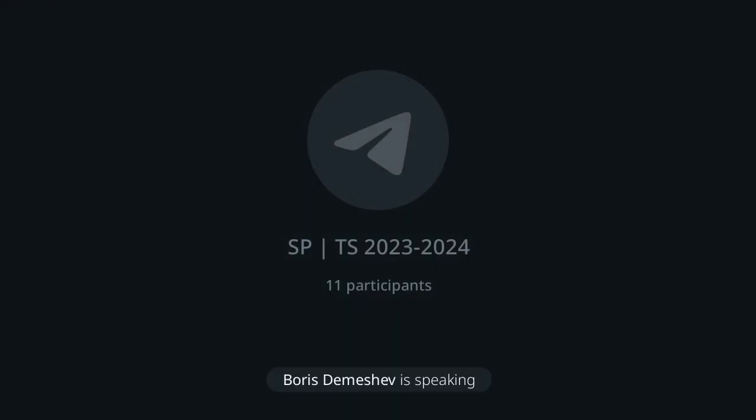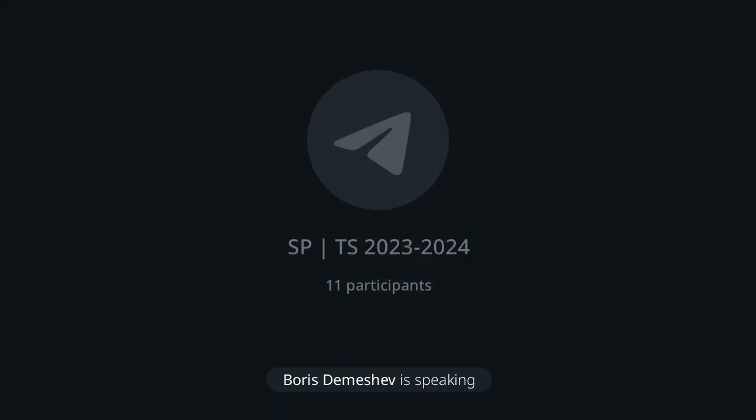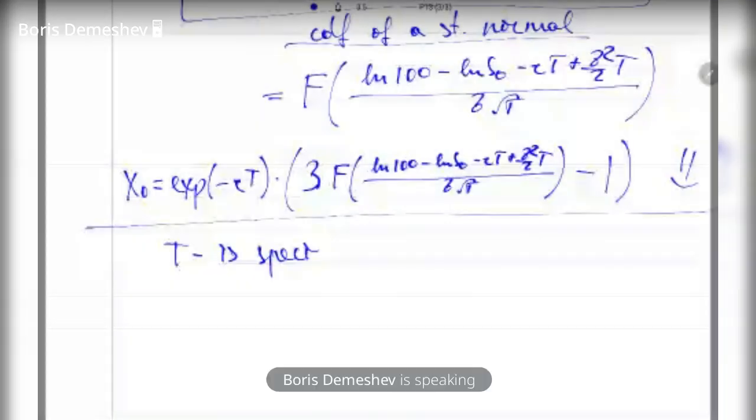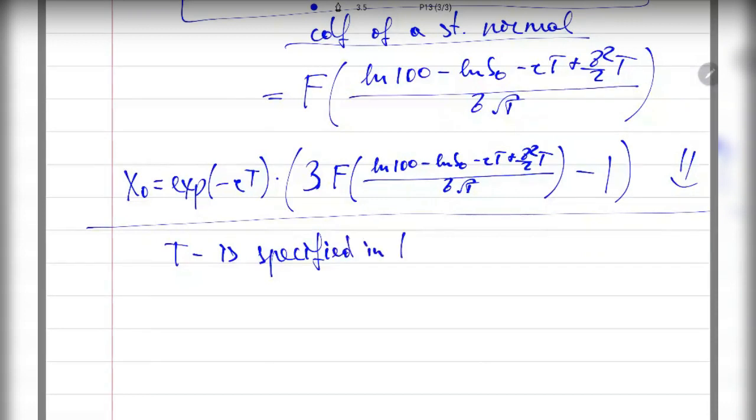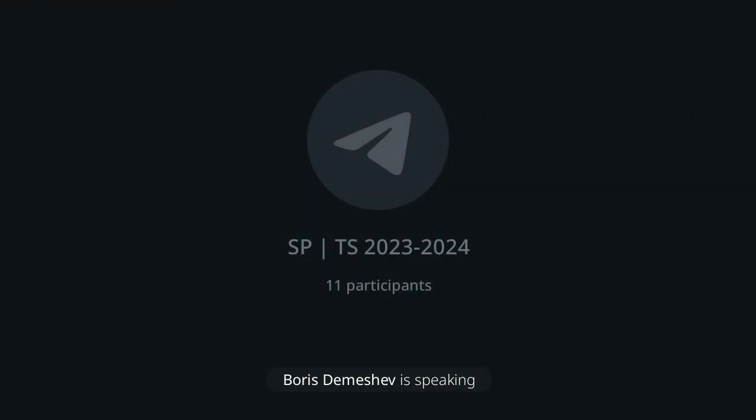T is specified in the contract. So in my contract it says at time moment T. S0, the current share price, is observable.